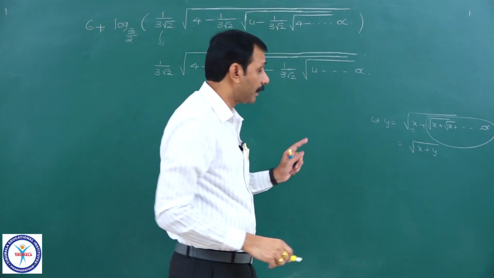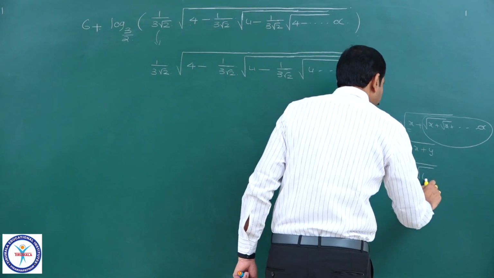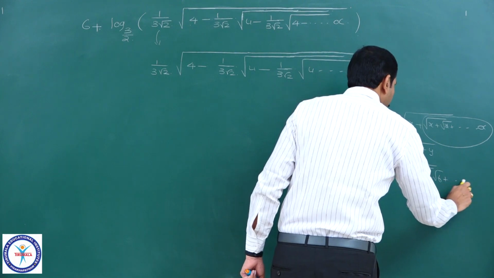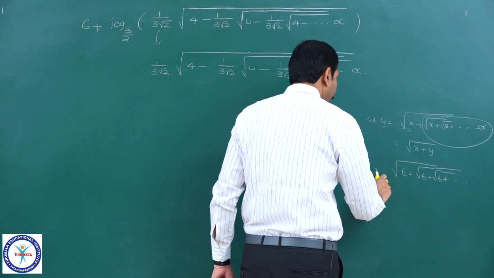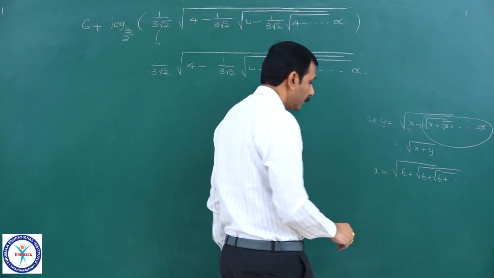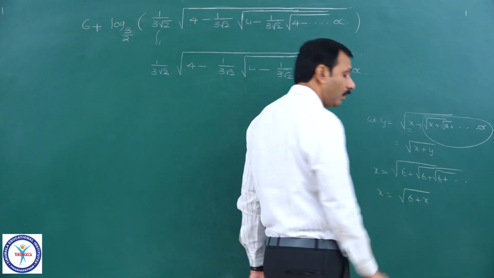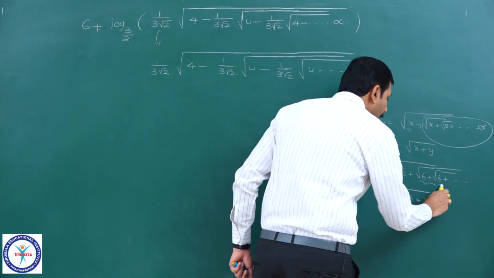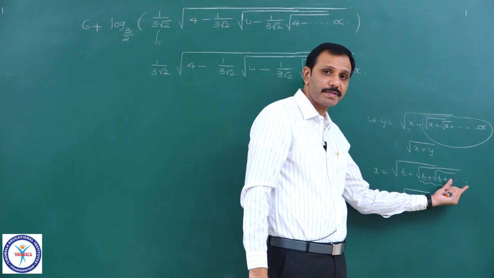We did one problem recently also. Find the value of root of 6 plus root of 6 plus root of 6 plus, and so on. What we have taken, I have taken x equal to this. Therefore, x is equal to root of 6 plus x only I wrote, because from here onwards again root of 6 plus root of 6 plus root of 6 and so on, infinite terms.